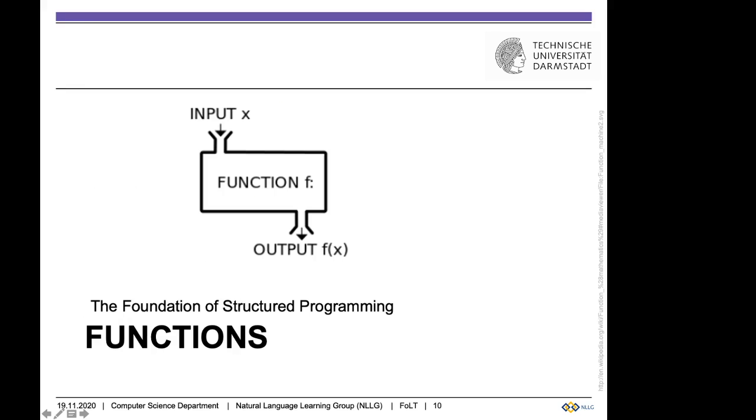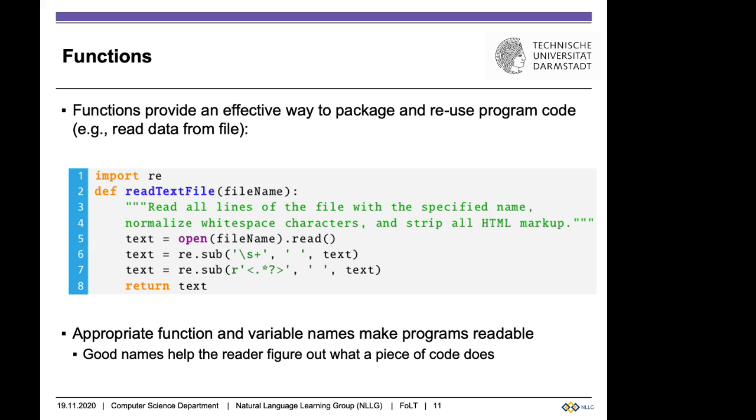Now let's get started with functions and see how to write functions in a more effective way. The definition of a function is very simple: you have an input x, and through the function f, you can define a lot of calculations, and finally you get the output you want. Functions provide an effective way to package a lot of calculations, and you can reuse this piece of code.